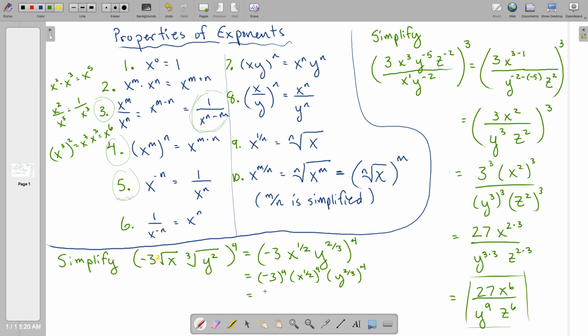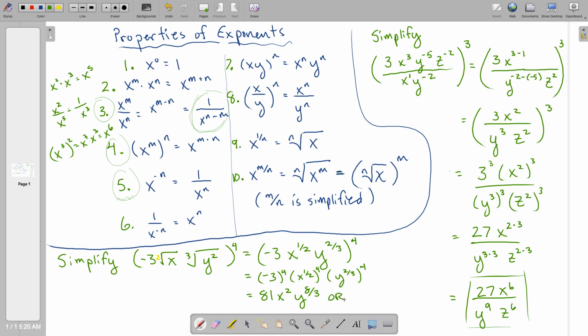So that's going to be a positive 81. And then 1/2 times 4 is going to give you 4 over 2, which is 2. And then 2/3 times 4 is going to give you 8/3. All right. And so there you simplified it so that it has rational exponents in the end.